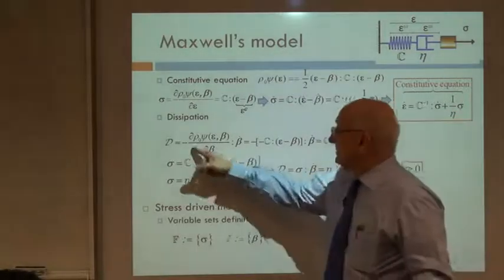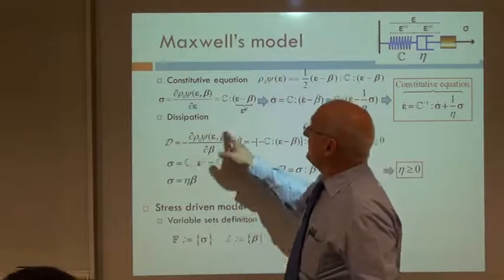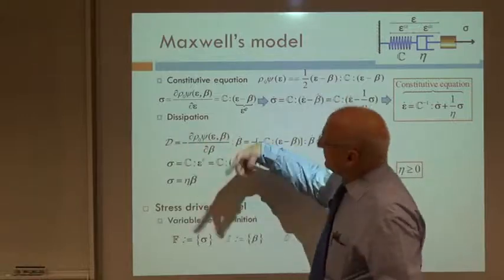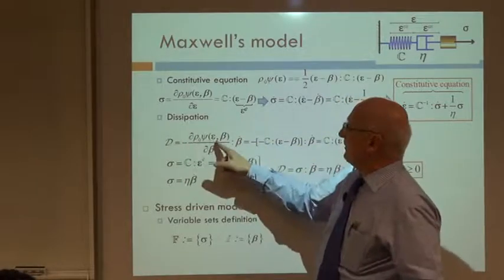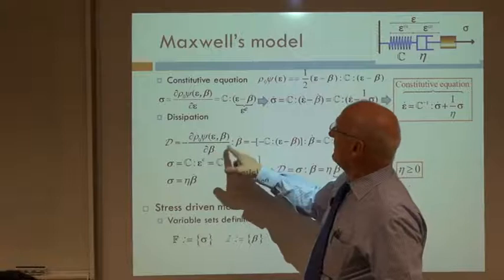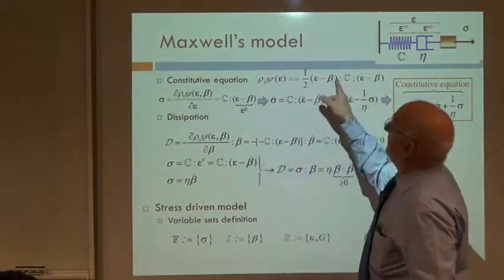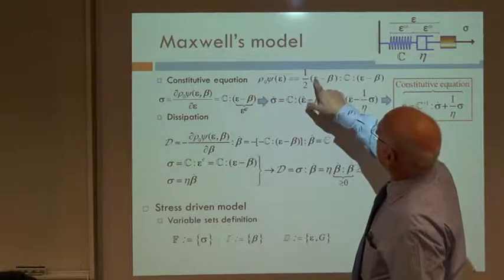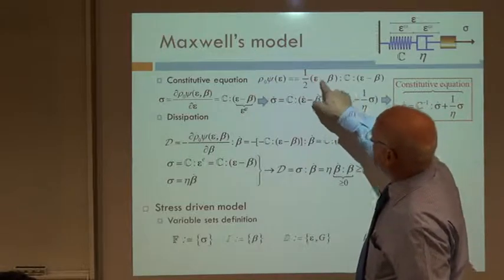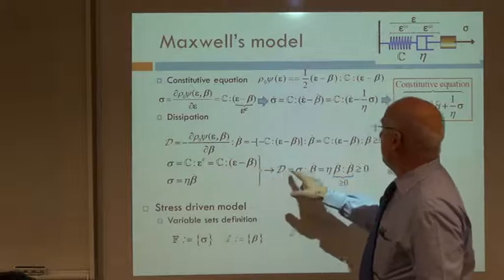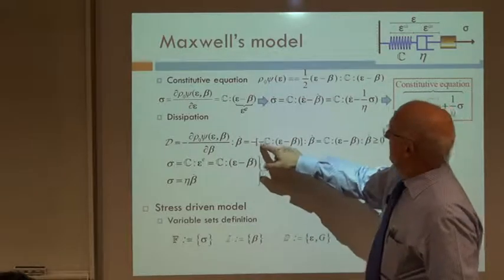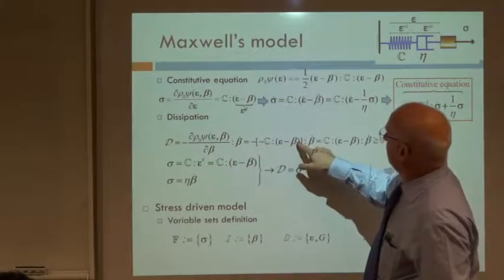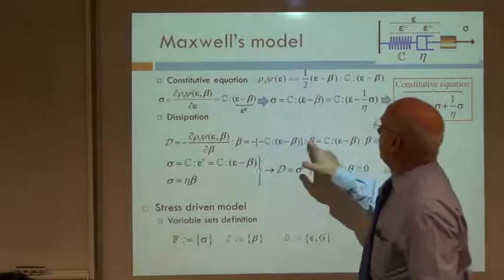What about dissipation? Dissipation now is minus, according to the theory, the derivative of the free energy with respect to the internal variable times beta dot. Differentiating that with respect to beta is the same as differentiating with respect to epsilon, changing the sign. So it's minus C times epsilon minus beta, that's this differential, times beta dot.